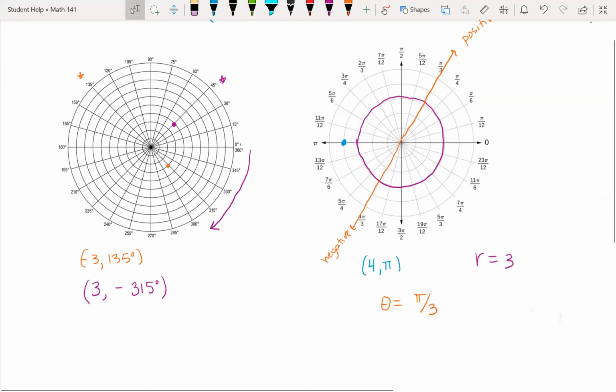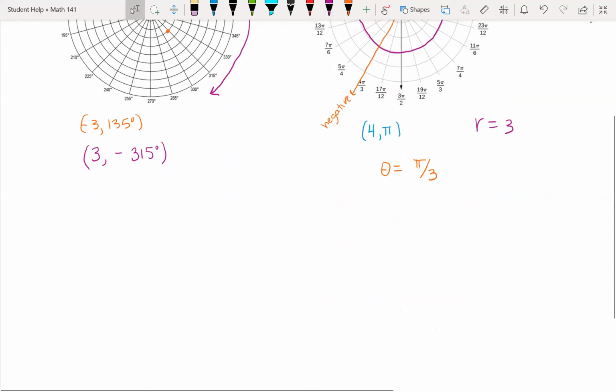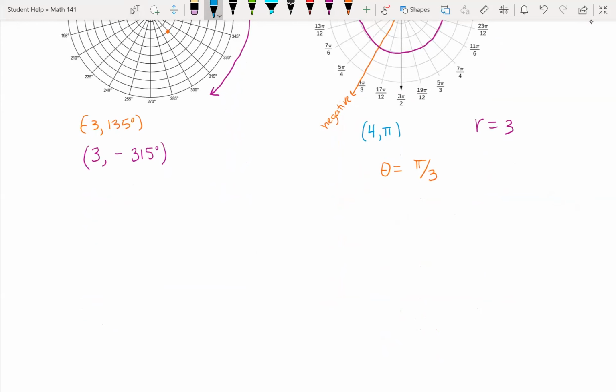More of what we're going to be doing is changing between polar and rectangular coordinates, and then changing between the equations. So some of the basic information that we need is just to remember how we're going to change between them. If I have an angle theta, this side of the triangle would be the x-coordinate, this side is the y-coordinate, and then the hypotenuse would be r, or the radius of a particular circle.